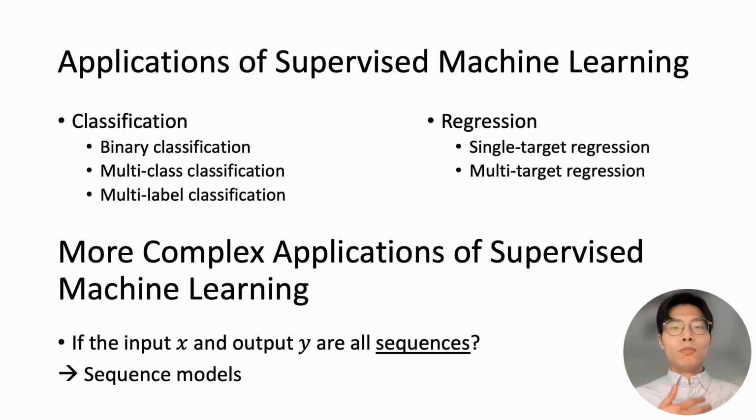There are also more sophisticated applications of supervised machine learning. A typical example is that the input X and output Y are both sequences rather than a single value. Text data, speech signals, and video are typically sequence data. We will design sequence models to solve these problems.